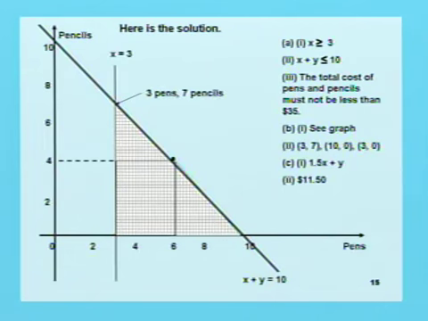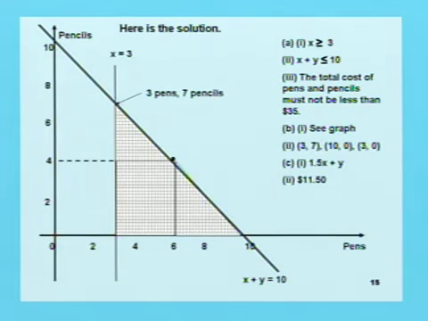But we have to identify the region for x plus y less than or equal to 10. So that region would be all points on the line and below the line. So we are recognizing that that is a portion of the shaded part.